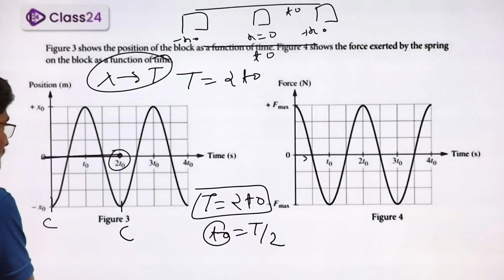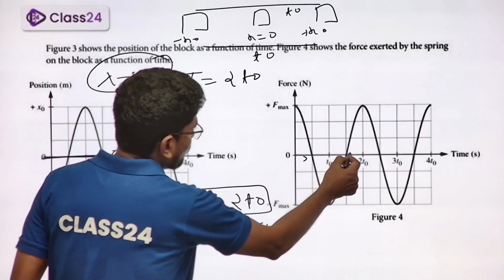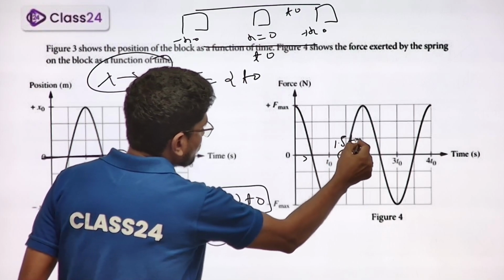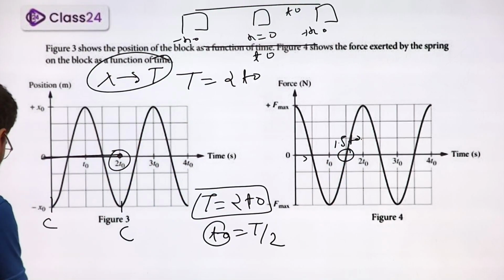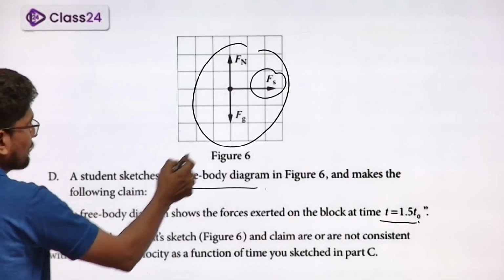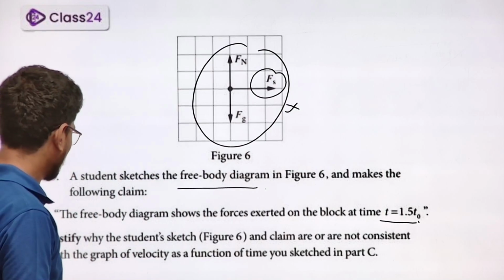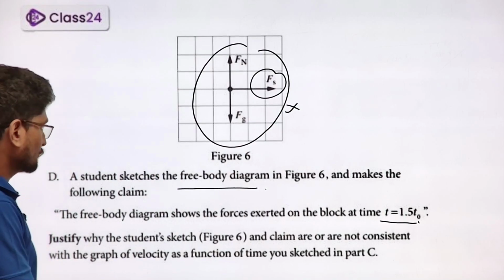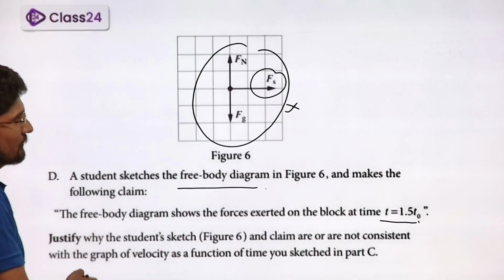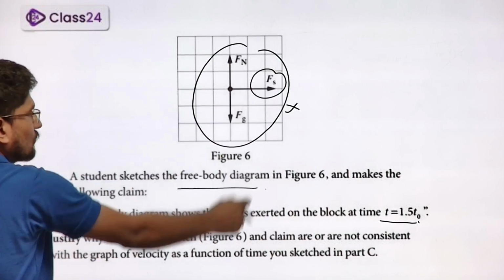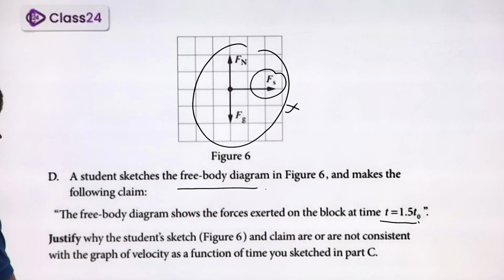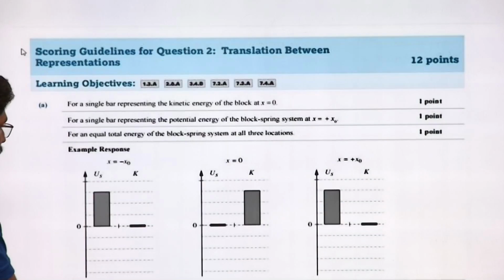You can see in the graph of force that at t equal to 1.5 t naught the force is 0. So how can we draw a net force on the object? So it is a wrong claim. You can write that at t equal to 1.5 t naught the force is 0, so there will be no horizontal net force and the velocity is maximum at that point.